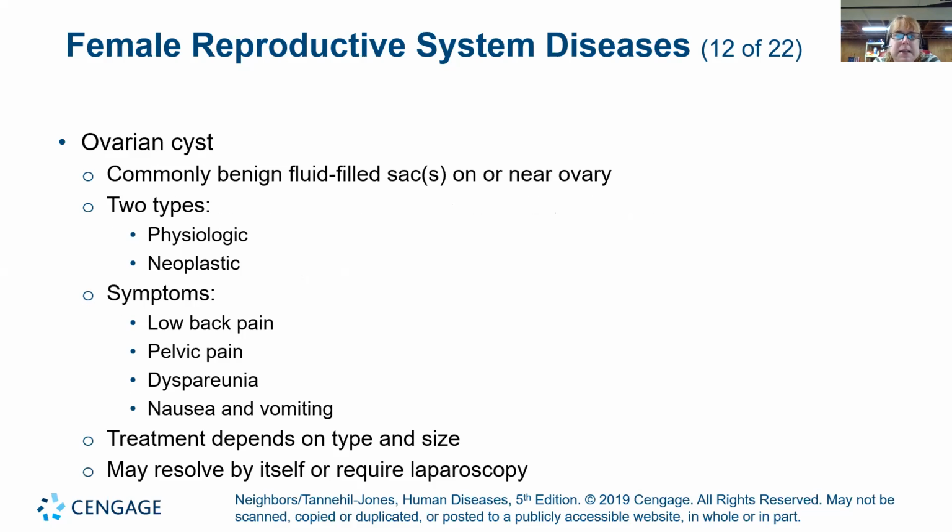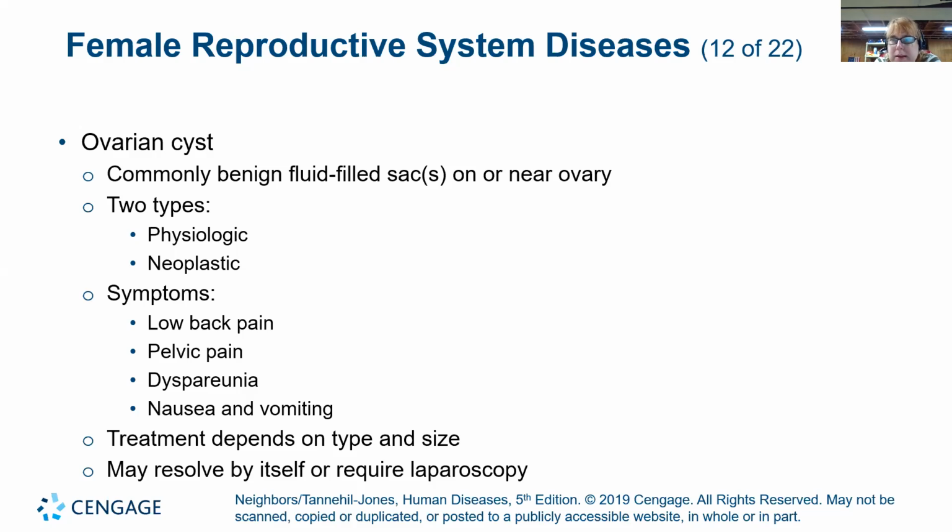Okay, an ovarian cyst. This is a common benign fluid-filled sac on or near an ovary. Okay, there are two types. Physiologic. Physiologic means that when an egg is released by the ovary, it becomes the benign fluid-filled sac, okay, the cyst, or it can be a neoplastic.